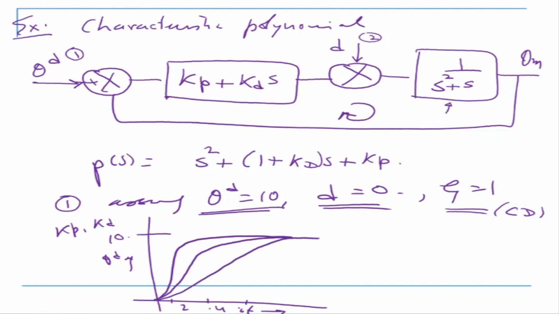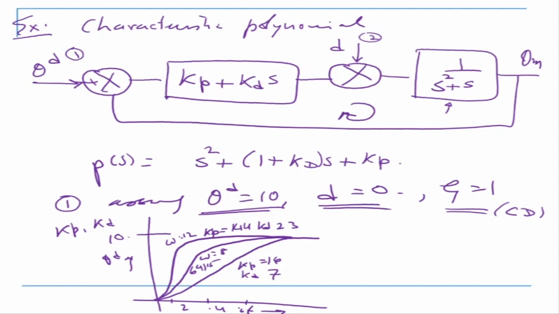For omega equal to 4, Kp is 16 and Kd is 7. For omega equal to 12, which is the fastest, Kp was 144 and Kd was 23. And for omega equal to 8, Kp and Kd are respectively 64 and 15.